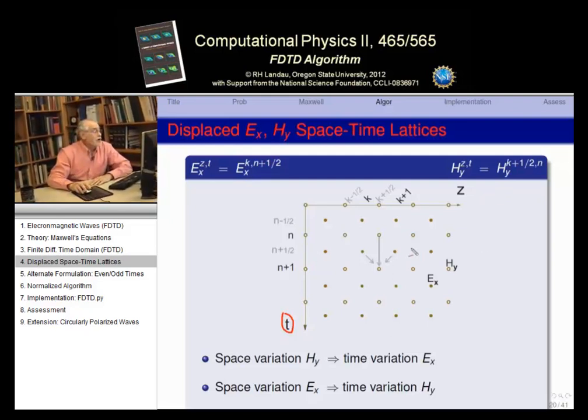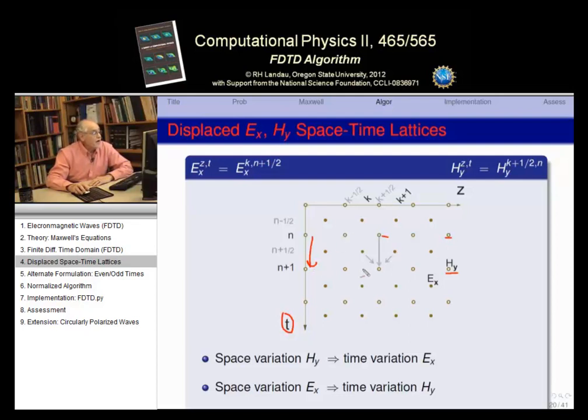And what we have, in pretty circles here with white in the middle, is the magnetic field, H sub y. Here's the magnetic field moving forward in time. So the magnetic field is at integer values of time, and it moves ahead one time step. As you'd expect, no problem.